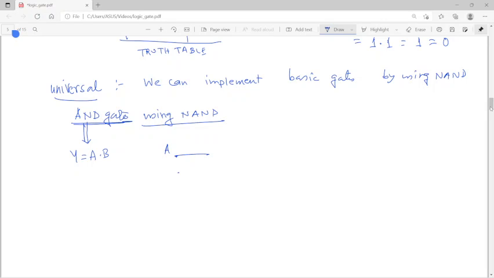If this is A, this is B, I have to use a NAND gate. The NAND gate will give you this output, and again I am putting another NAND gate. That means the output is this bar and this bar, that will give you AB, right? So I am getting the AND gate by using the NAND gate, because the NAND gate output is AB bar, and its bar becomes double bar.